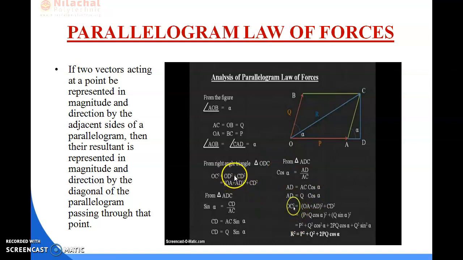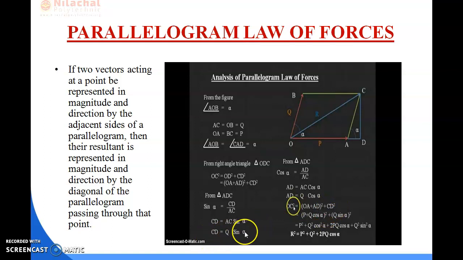So whenever we get the formula of OC square, which is OD square plus CD square, after that we get OA plus AD whole square plus CD square. So instead of OA we put the value P, plus the value of AD, which is Q cos alpha, plus CD, how much?